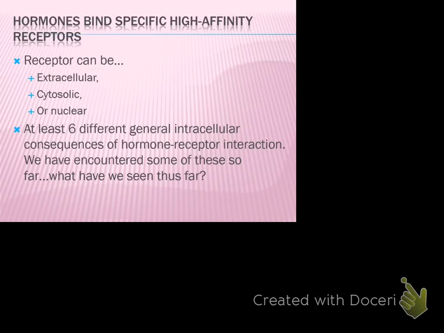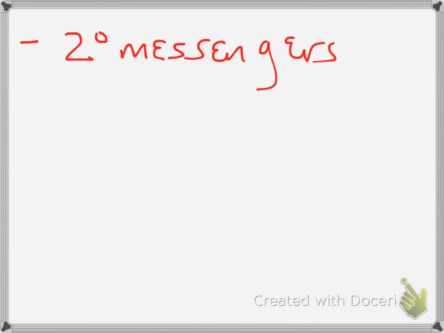What were some of the possible responses that we've talked about in the past? We have those secondary messengers. Exactly. So that's like the cyclic AMP, the inositol signaling pathways, things like that.